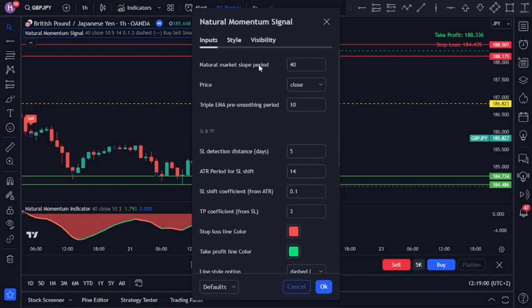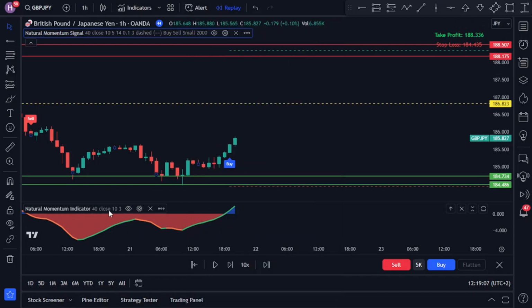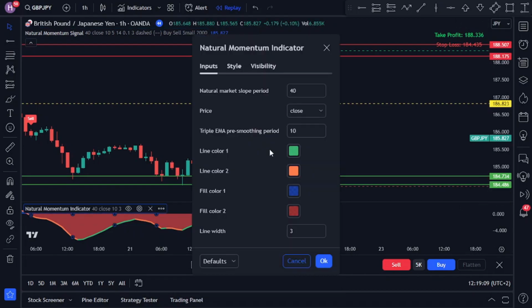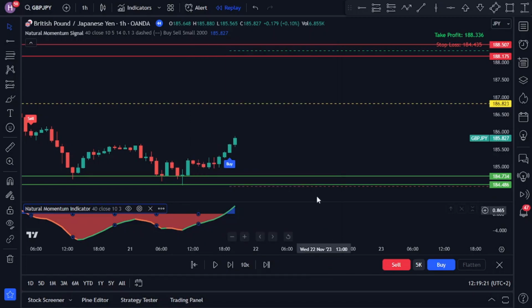The natural momentum indicator employs a sophisticated real-time calculation identifying high probability trade setups by filtering out noise using the TEMA formula. By leveraging the TEMA formula, the natural momentum indicator effectively eliminates false signals, ensuring accurate market analysis.